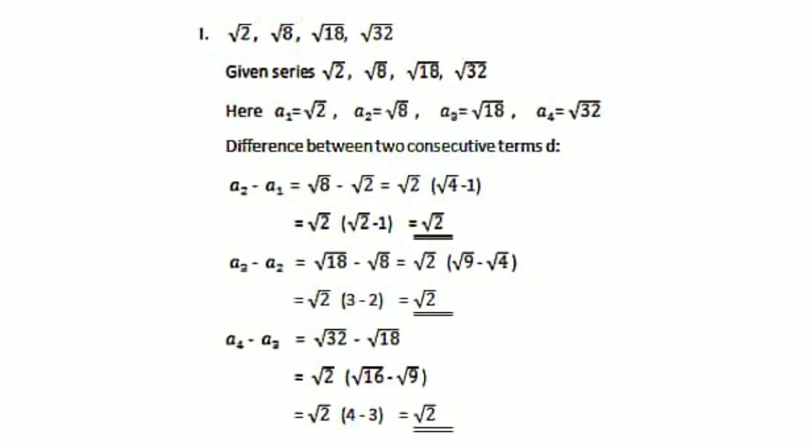So the formula is D equal to A2 minus A1, where A2 is root 8 and A1 is root 2. So A2 minus A1 is equal to root 8 minus root 2. Take root 2 common. Therefore root 2 into root 4 minus 1. The square root of 4 is 2, so root 2 into 2 minus 1, which is equal to root 2 into 1, that is equal to root 2.